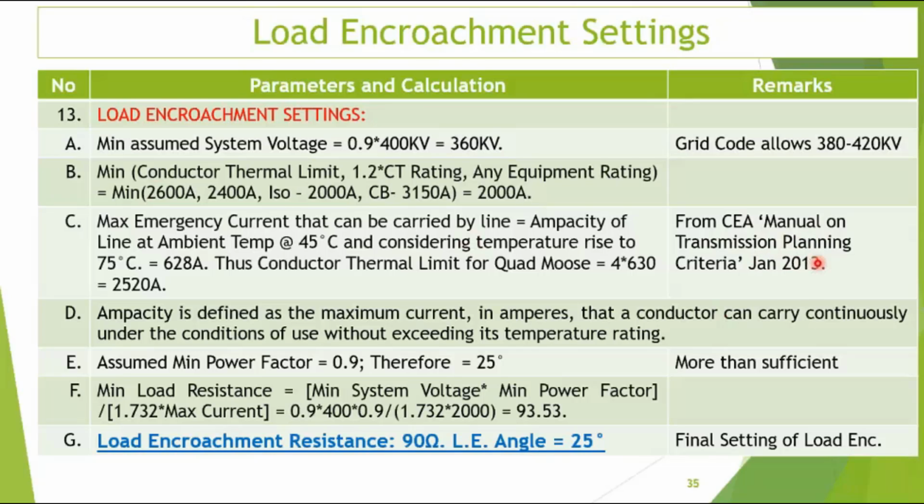This will more or less work for us, it's okay. It gives the criteria in quite a detailed manner. So for an ACSR quad moose, if we take the ambient as 45 and our temperature rise limit as 75, we have to restrict our current to 628 ampere per conductor, which comes for a quad moose, 4 into 630, to somewhere around 2500.